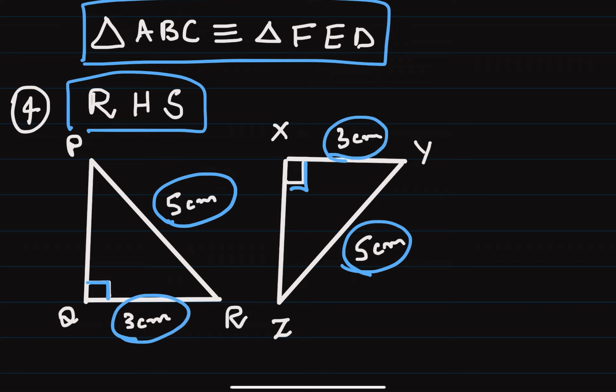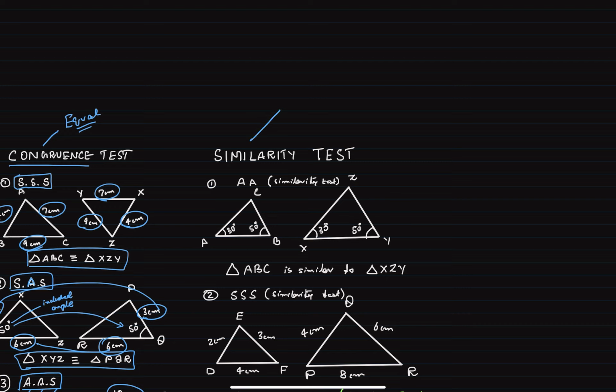And for similarity, it means what? They have the same shape, but they can be of different size.